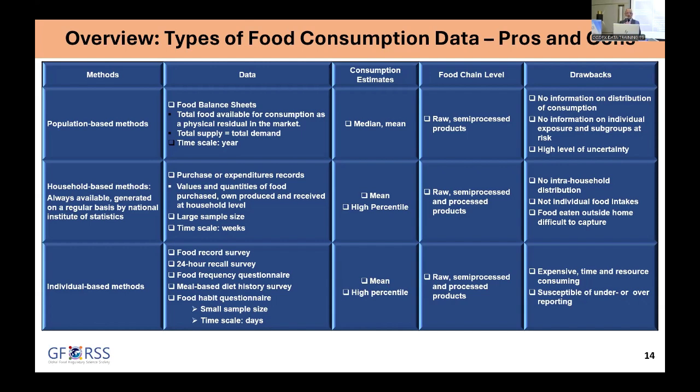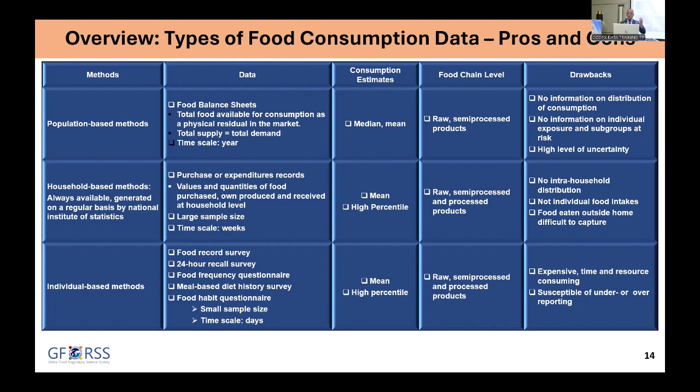Those methods can generate a lot of data of different types, such as food balance sheets, which are mainly related to the population-based methods. We have the purchase and expenditures records, as well as, on the individual level, food records survey, 24-hour recall, and the food frequency questionnaire that we are going to tackle in detail later on.